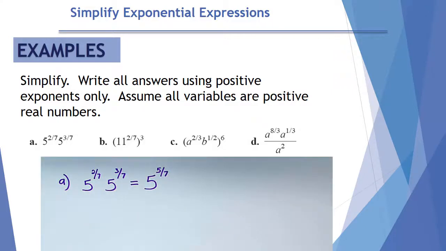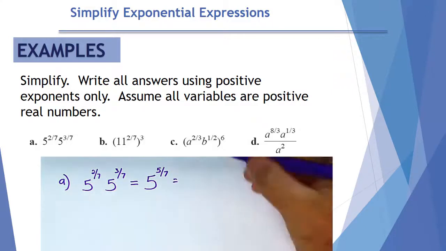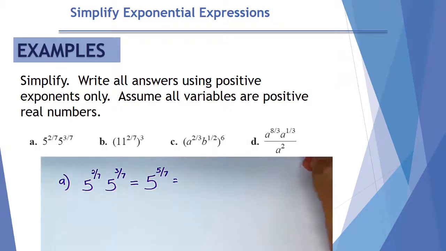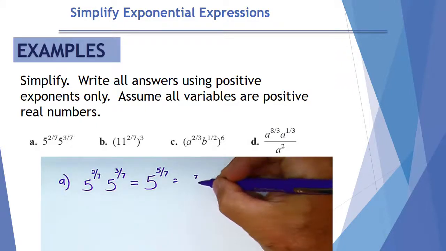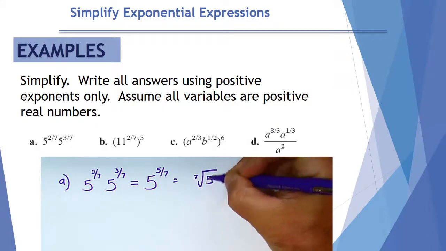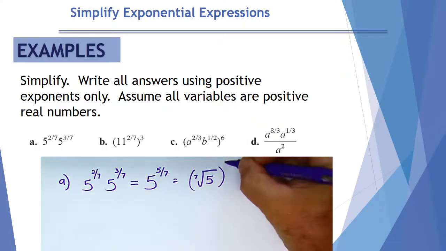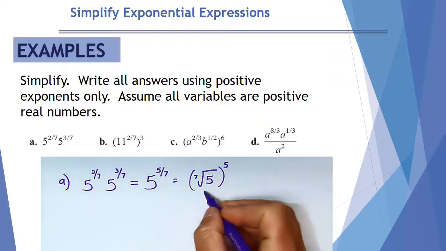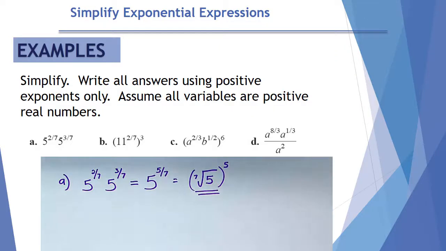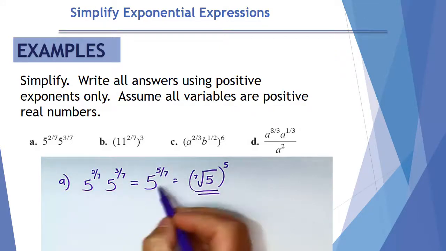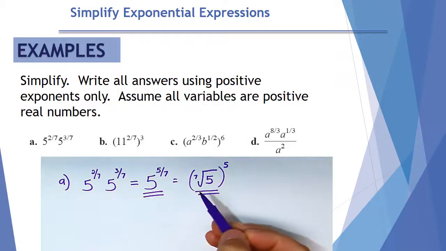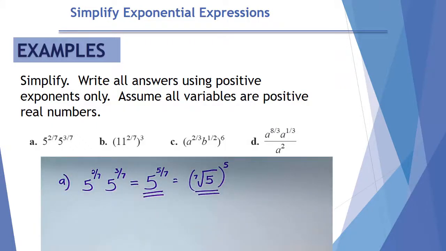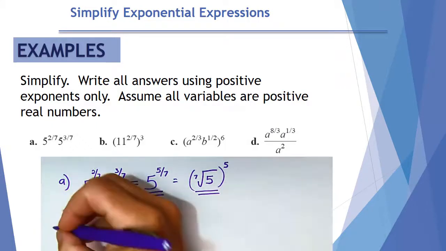And so we could leave it like that, or since we now know how to handle that fractional exponent, we can say that that is the 7th root of 5, and then we're going to raise that to the 5th power. Now you certainly could do that on your calculator, but we'll leave it just like that. 5 to the 5/7, which is the same as the 7th root of 5 to the 5th power. Either of those are equally correct.